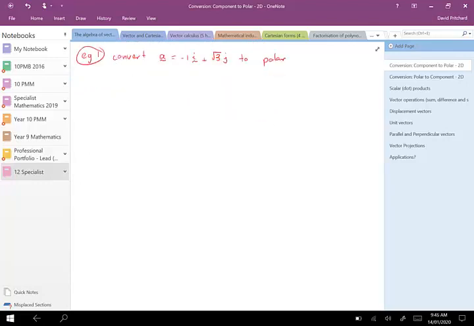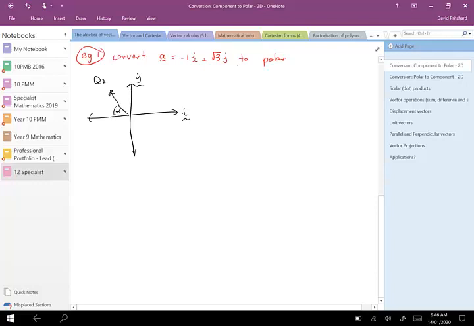Okay, in this example, we want to convert -1i plus root 3j to polar. So if we look at that in Cartesian form or component form, -1 in the i direction and root 3 in the j direction, then we end up with a vector in quadrant 2.